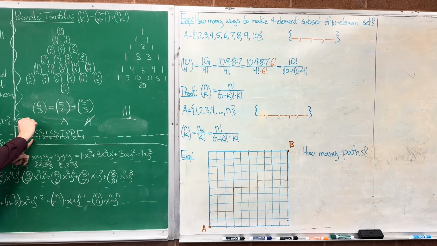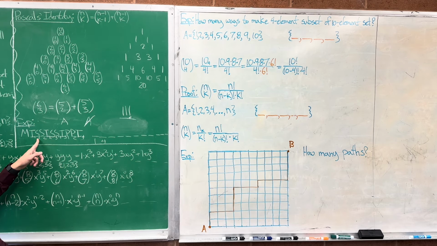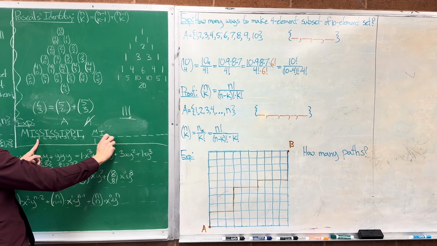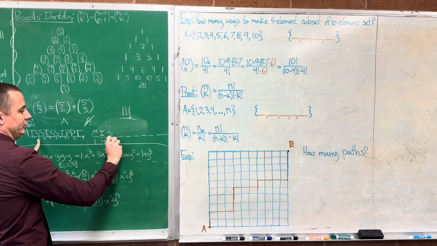If you think about this as like Scrabble tiles, how many options do I have for this Scrabble tile? 4. How many options for that S? If I had the Scrabble tiles, imagine those are actual Scrabble tiles, how many choices do I have for what to put as my S there? So I got my M, I got my I now. How many options do I have for that S? 4, because I have 4 S Scrabble tiles.